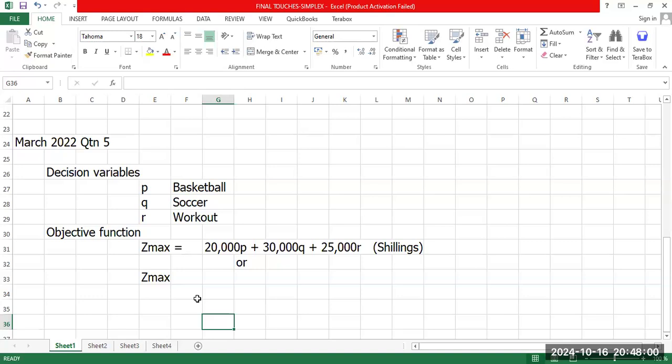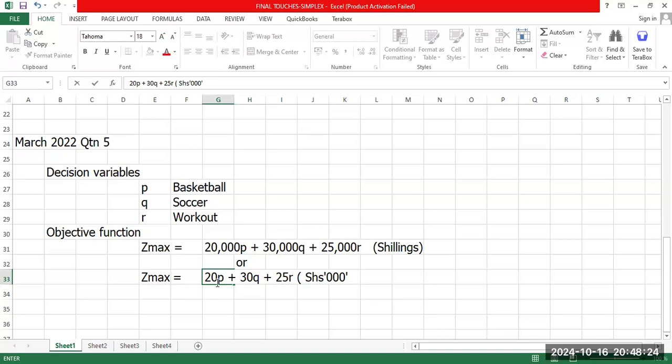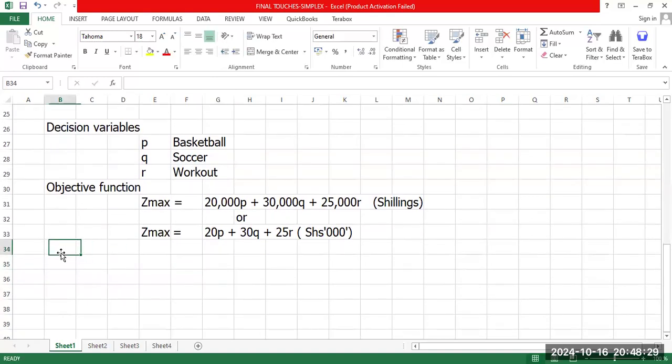Another student can say, I just write 20P, then plus 30Q, plus 25R. Then I say shillings in 1,000. All of you will be marked right. So you have stated the objective function.